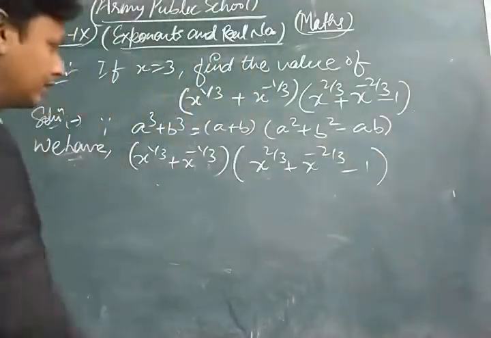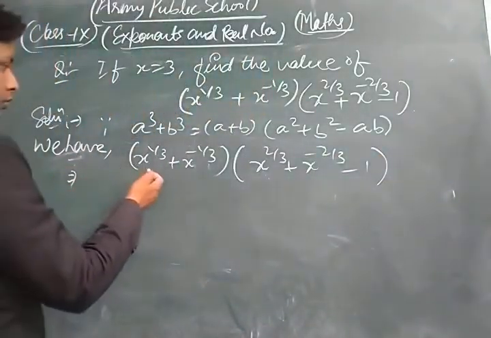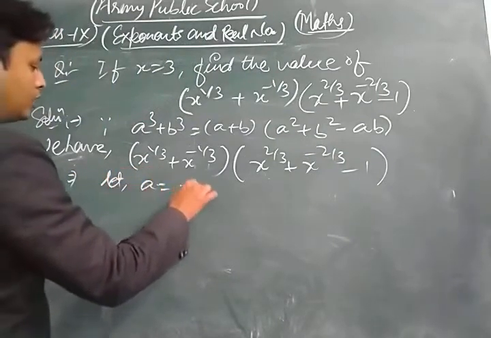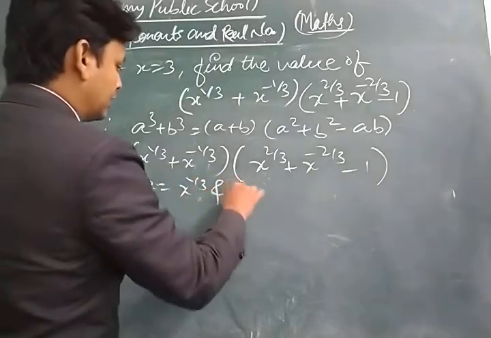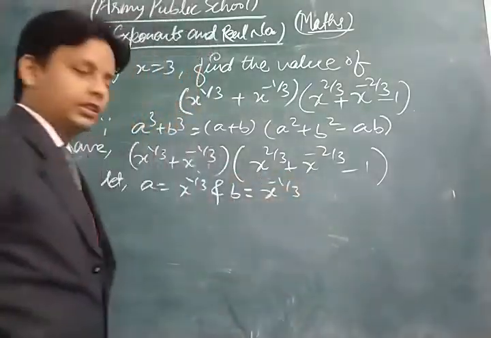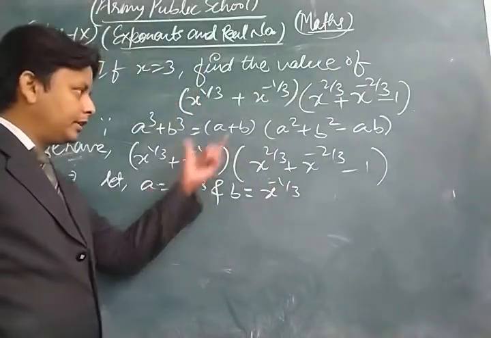Now we can write the given expression. Let a is equal to x power 1 by 3 and b is equal to x power minus 1 by 3. Now we put the value of a and b in the given identity.